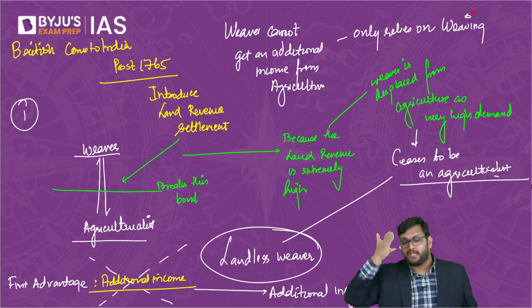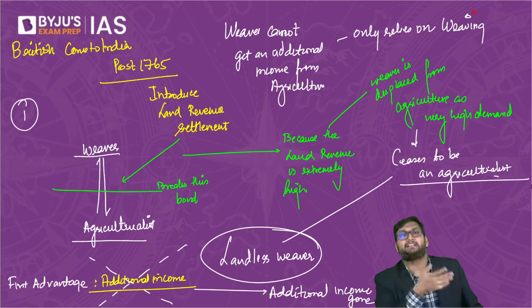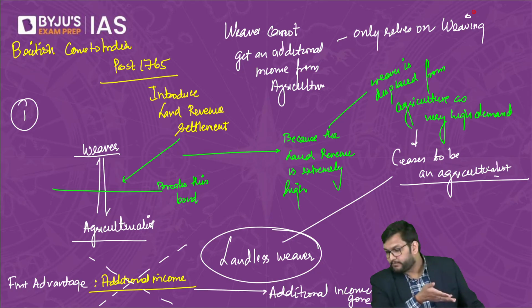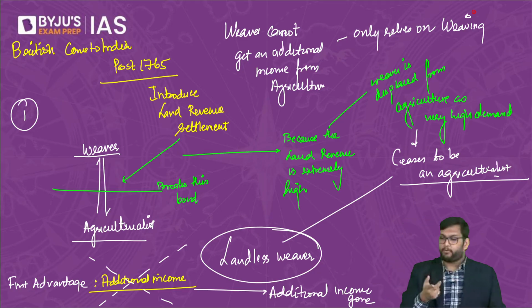So you think a part-time agriculturalist is going to survive? He's technically a part-time agriculturalist. So if he was in the permanent settlement area, for example, his right already has gone away. So basic point is, be it in any area, would a part-time agriculturalist survive, yes or no? No. So basic point is, his first advantage is gone.